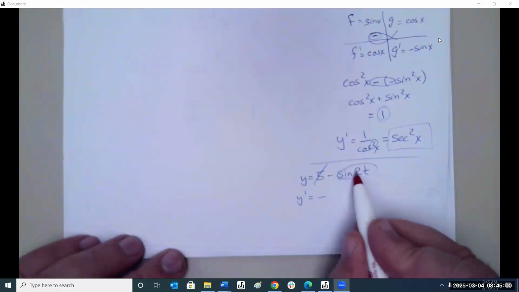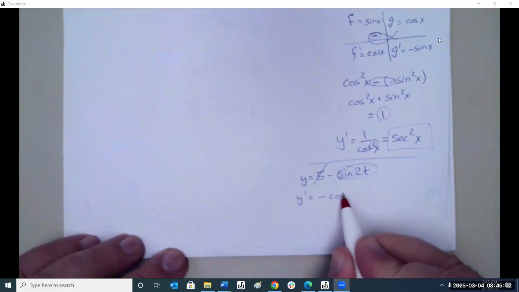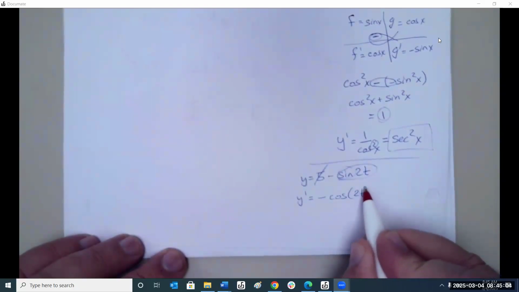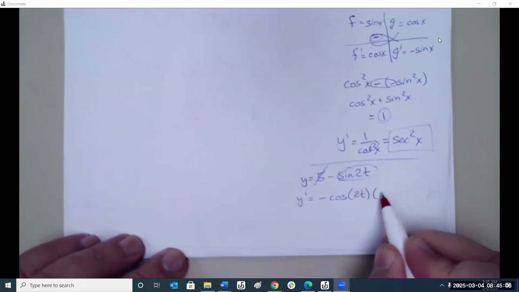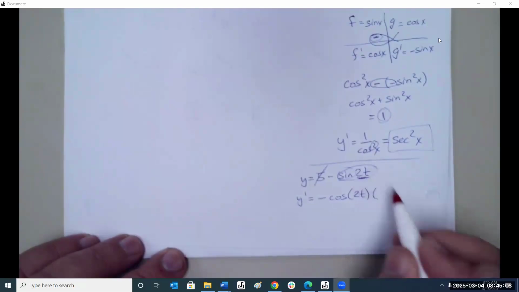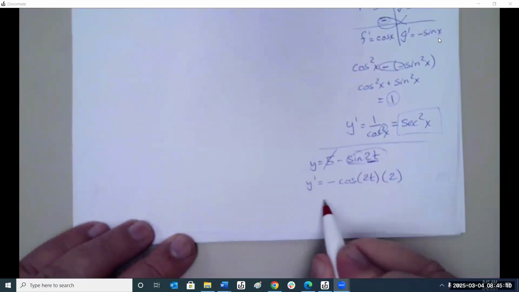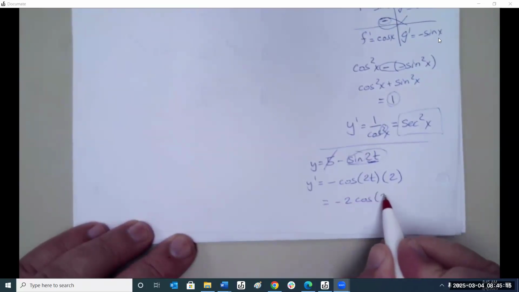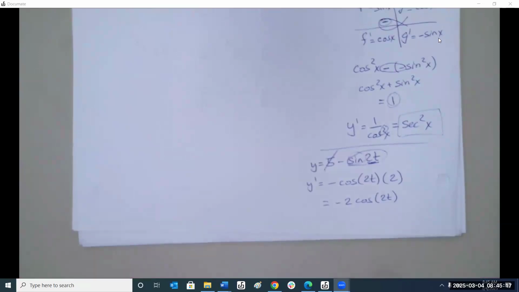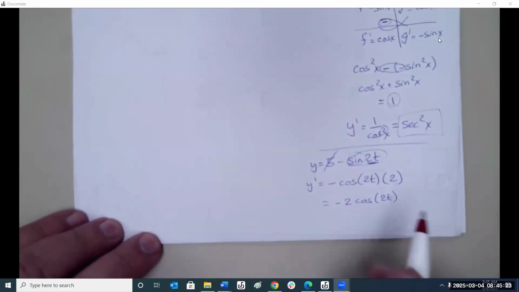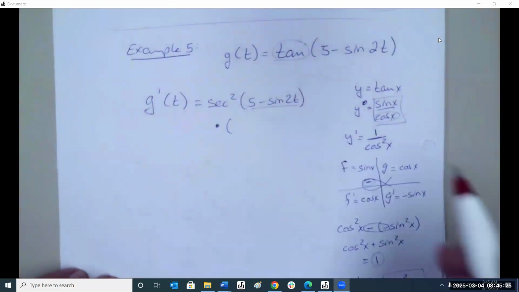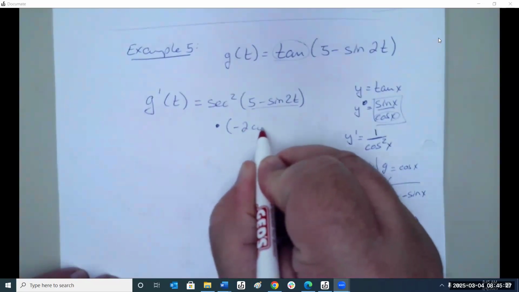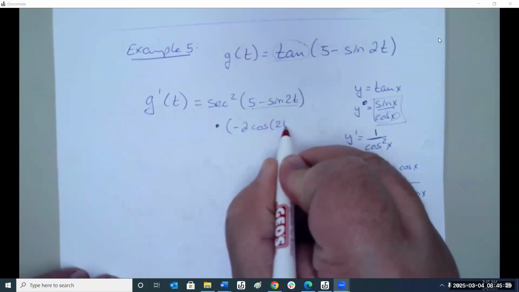The derivative of sine is cosine 2t times the derivative of the inside, 2. So it equals negative 2 cosine 2t. So that's the derivative of the inside.